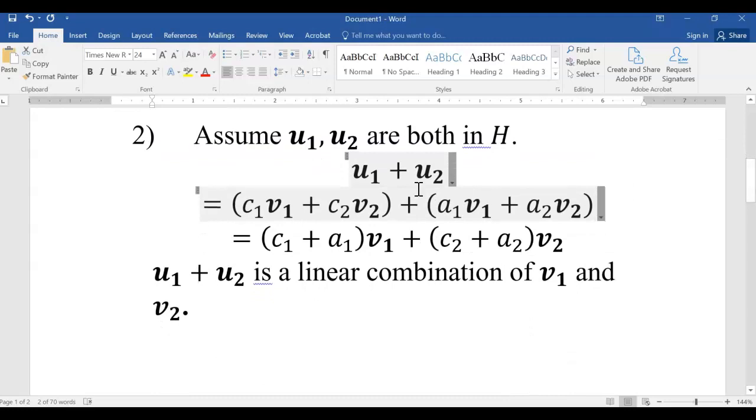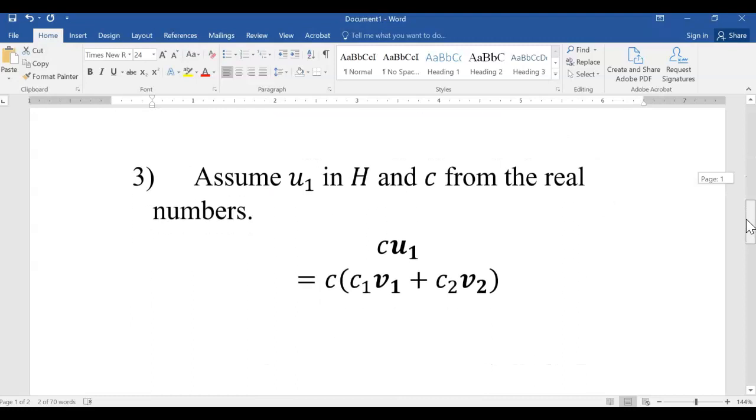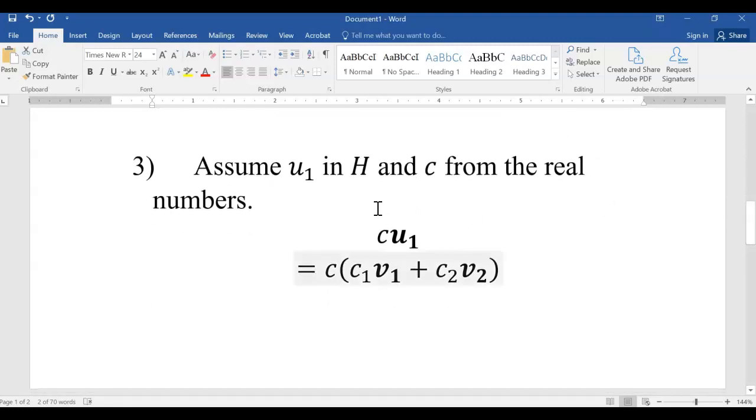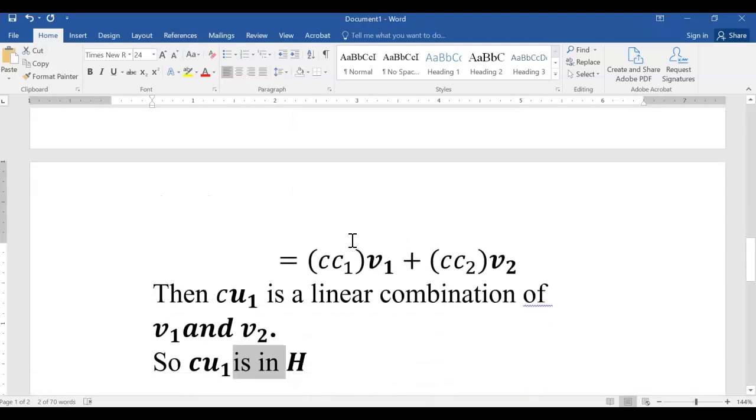If I have two vectors that are in a span, then their sum can also be written as a linear combination of something in this. So it is also going to be in the span. And thirdly, if we have a vector and a scalar where the vector is in the span, then a scalar times the vector is also in the span.